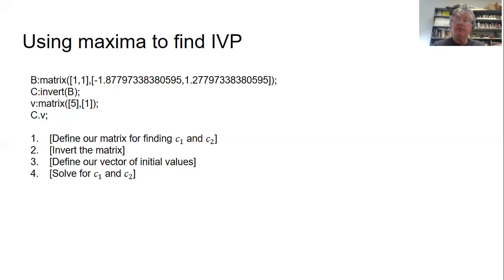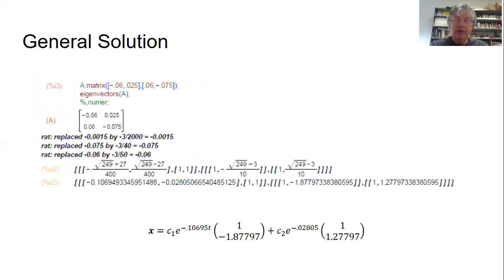Well, we've got to find out what the values of C1 and C2 are. So first I define a matrix B, and if you notice, that's actually the matrix of eigenvectors. That's because it's at t equals 0, right? At t equals 0, all those exponentials are 1, and so our matrix B is just the matrix of eigenvectors.